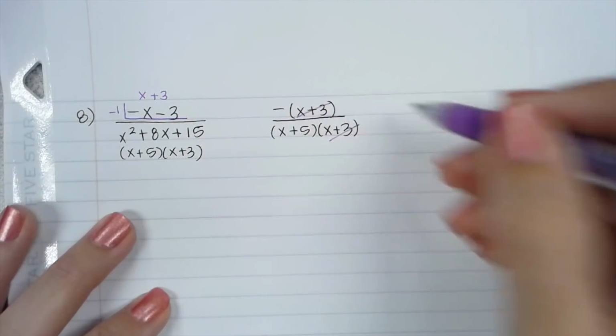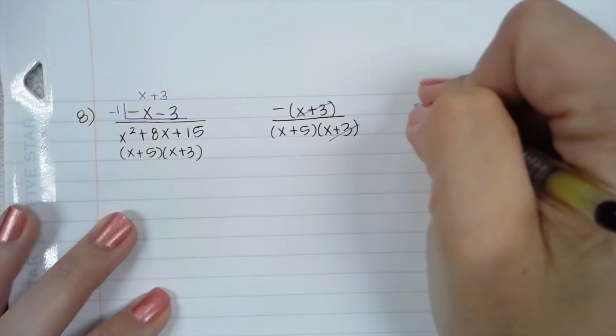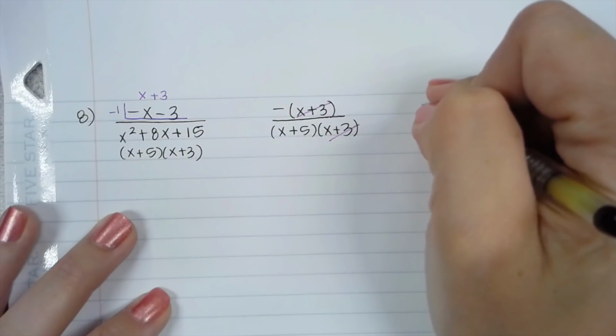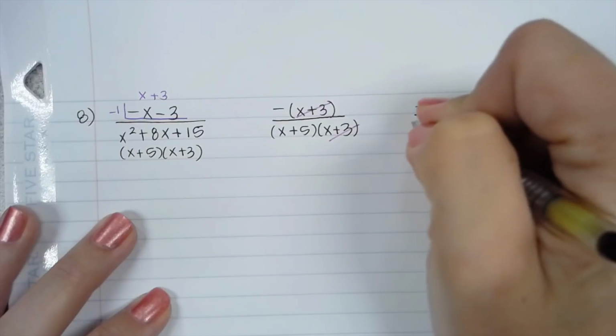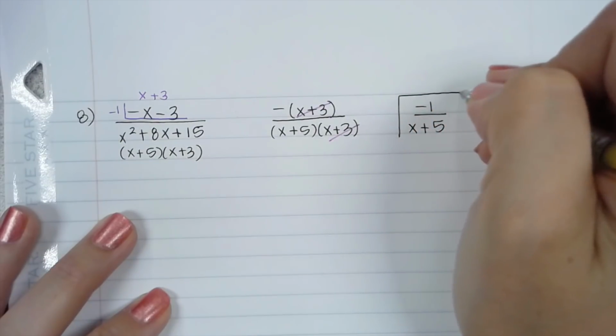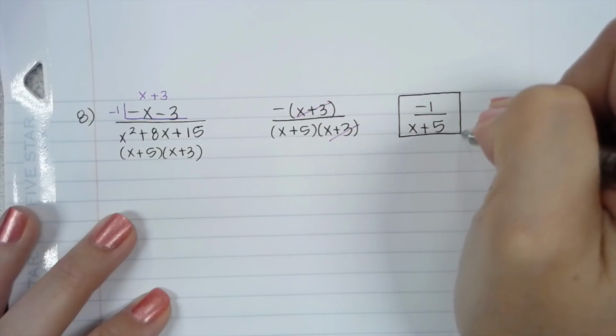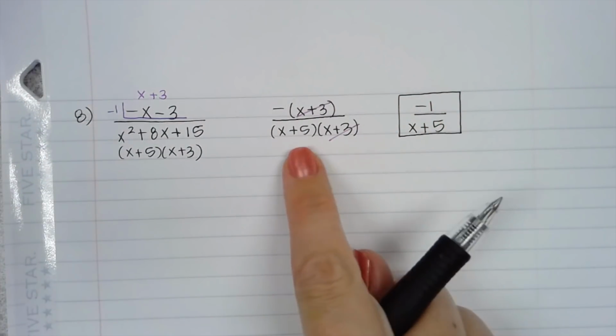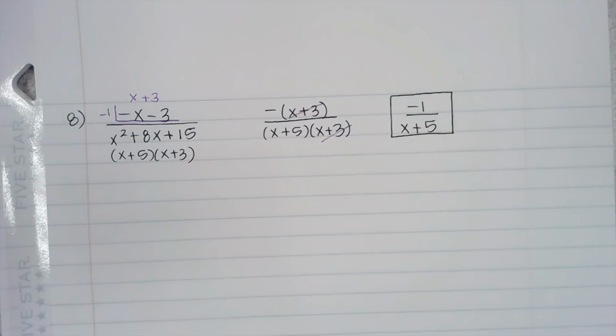So this one crosses out with this one. And so my final answer for this problem is negative 1 in the top and then x plus 5 in the bottom. And you don't have to write it with parentheses in the bottom because there's no product with the number that's in the bottom. So you can just write it in that format and that answer would be correct in terms of the way the question is written.